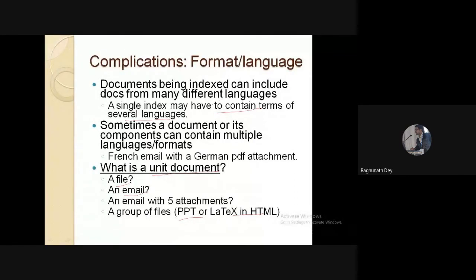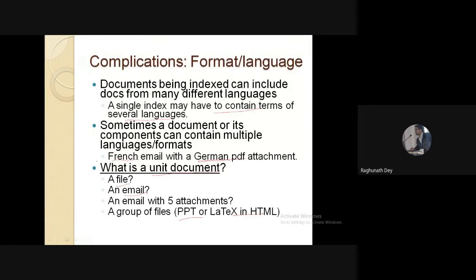Language also has a different impact on creating this type of indexing system. A French email having a German PDF attached, how to handle that? That email has some number of terms, some words, as well as the attachment file also has some terms or words.